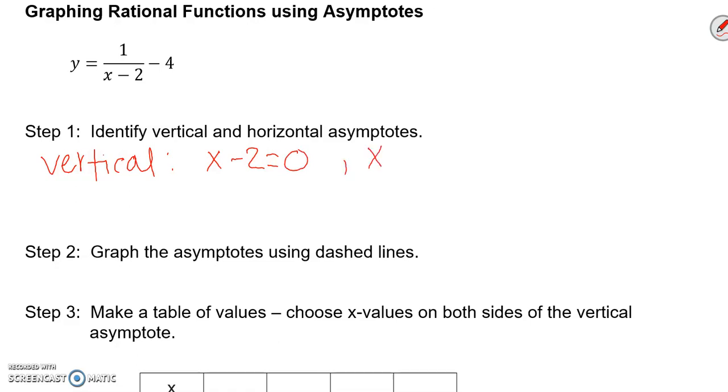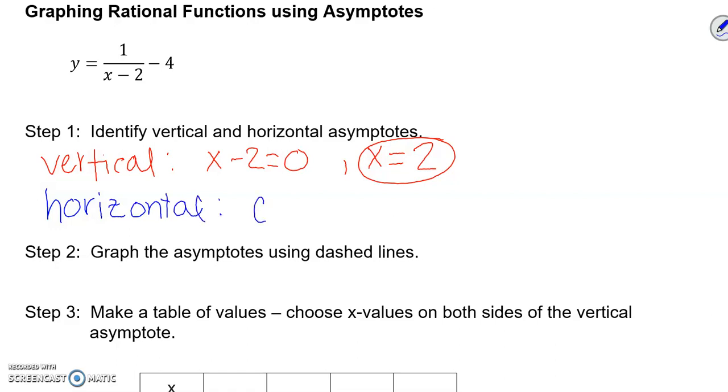So x equals 2. So there's our vertical asymptote. Our horizontal asymptote will be at that c value, which is y equals negative 4.